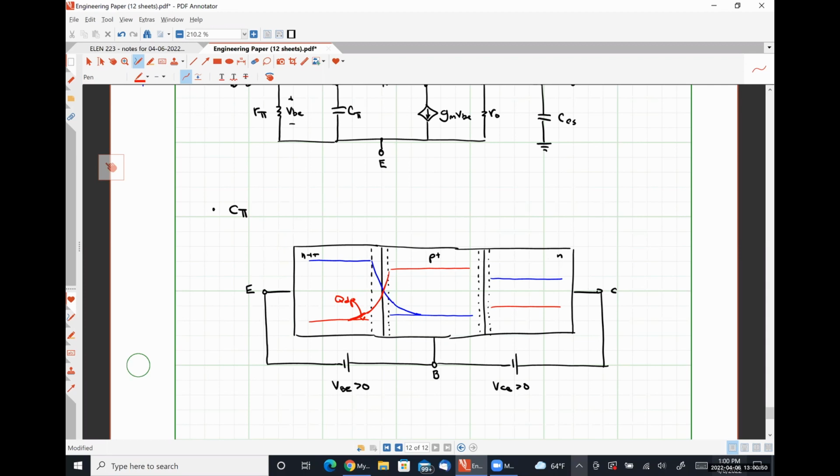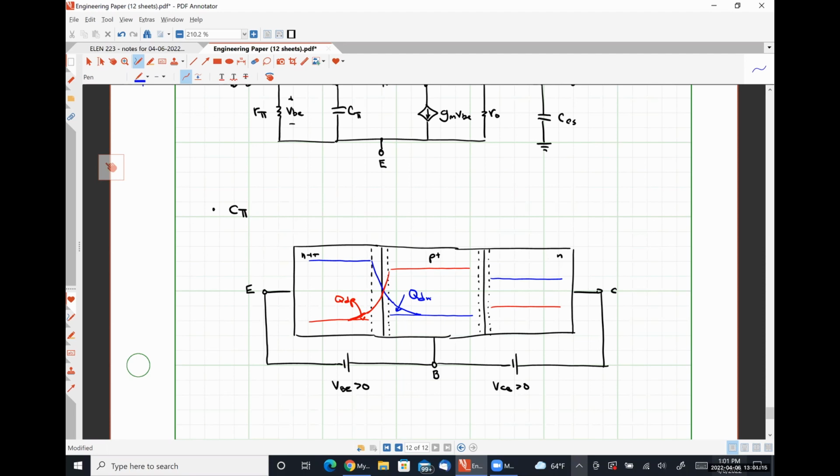So these are the minority carriers that have been injected into the emitter region. And similarly, we're going to have minority carrier injection occur over here. I'm going to call this QDN. And we talked about the concept of minority carrier injection in 335.